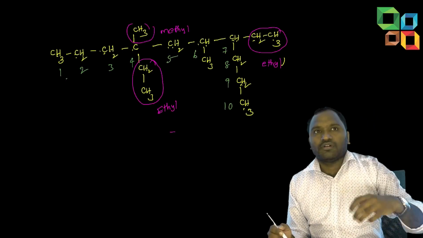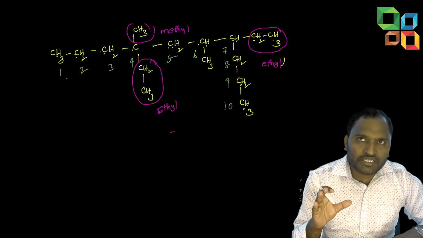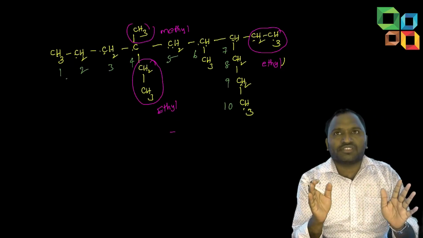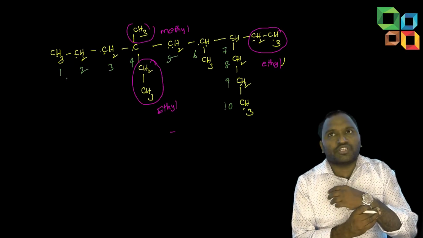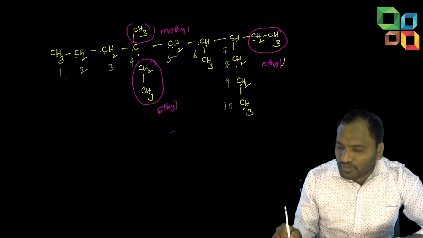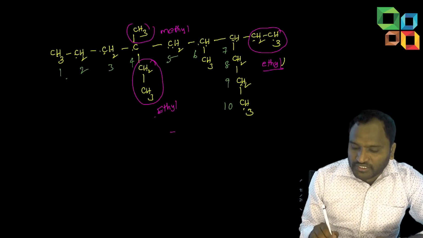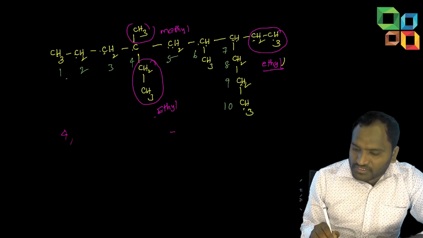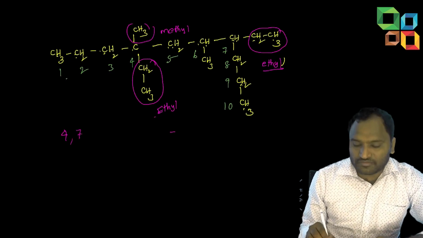Okay. So same substituents are there. What she told, some correction is there. Arrangement is proper, everything is proper, but this one is an ethyl group, and this one also is an ethyl group only, no? That time you can write at a time 4, 7 diethyl.